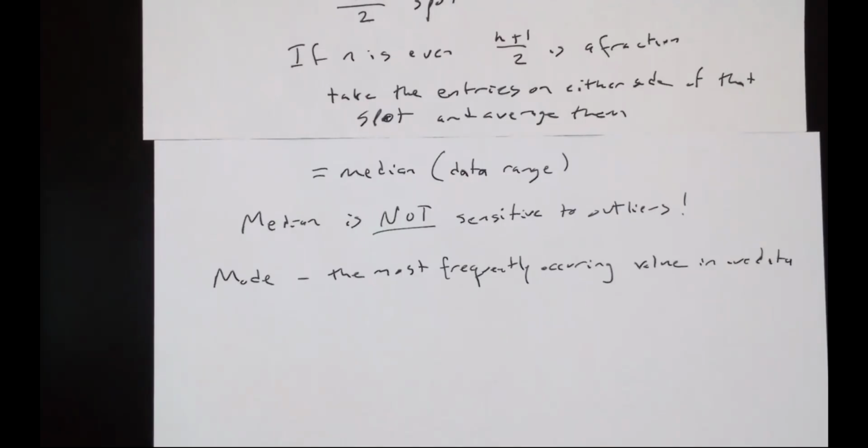Now, it is possible that your data doesn't have a mode. The list I created earlier, 1, 2, 5, 8, 9, every value appears once, there's no mode at all.